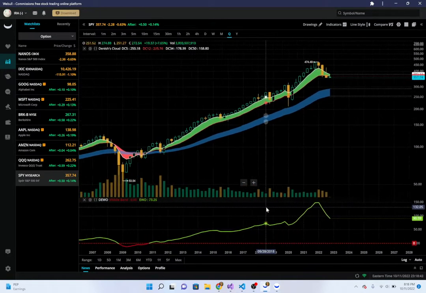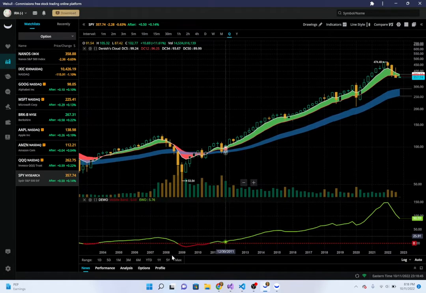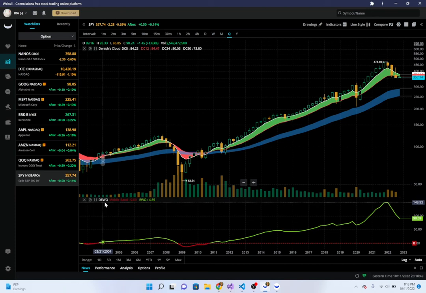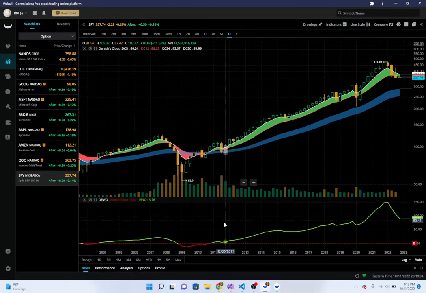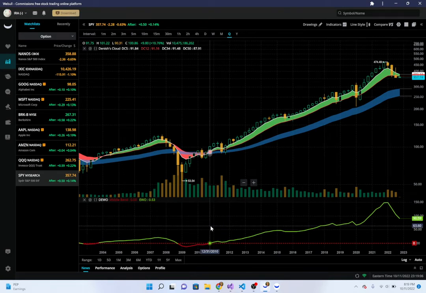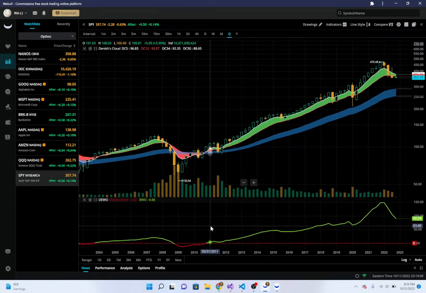And do know that I have this one awesome indicator here, which I call the DWO. This DWO is not an exact indicator. It is one of the indicators provided by Webull, but I've manipulated it a little bit just to make sure that I have it customized in my own way.